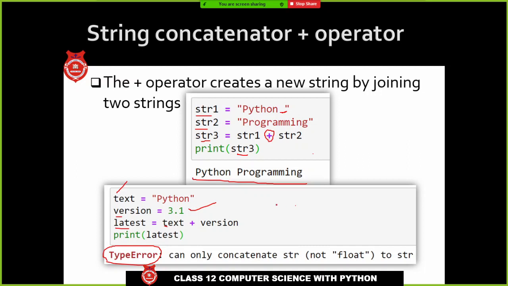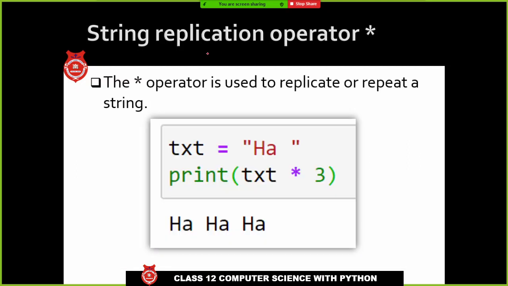I hope it's clear. Let's go to the next slide. String replication, or string repetition. This is used to replicate or to repeat a string. For example, txt is a string, "ha" with a space.